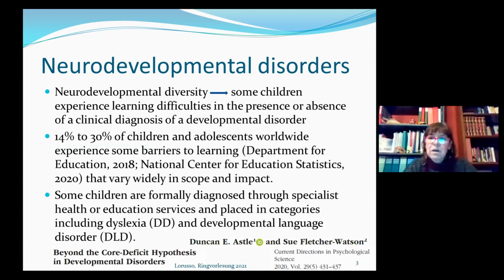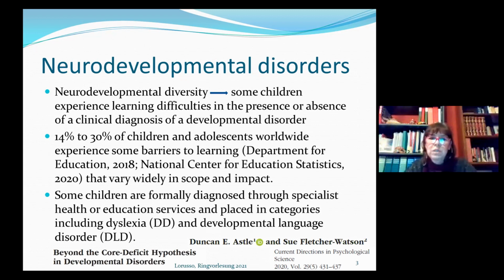Neurodevelopmental disorders are a real problem in our society because very often they are not diagnosed. So some children experience learning difficulties or language difficulties in the presence or often in the absence of a clinical diagnosis.